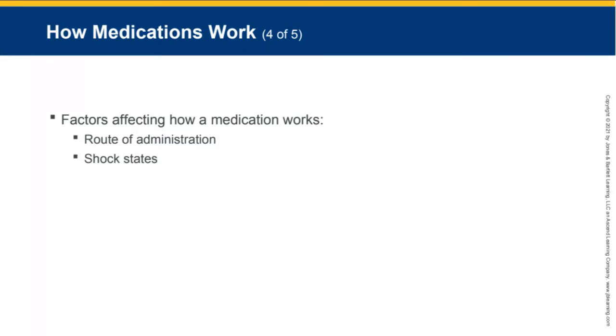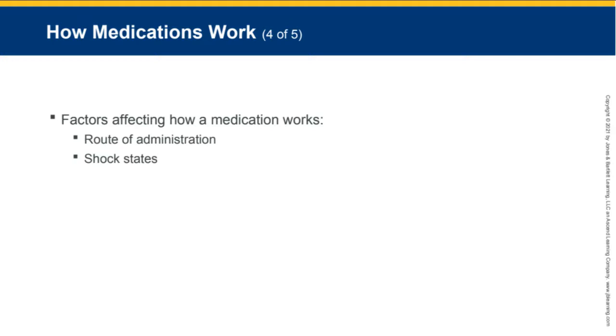For example, you would not give a dose of insulin orally because once the insulin is ingested, the hormones in the stomach will destroy the insulin and it will have no therapeutic effect. So the preferred route of administration for insulin would be subcutaneous.